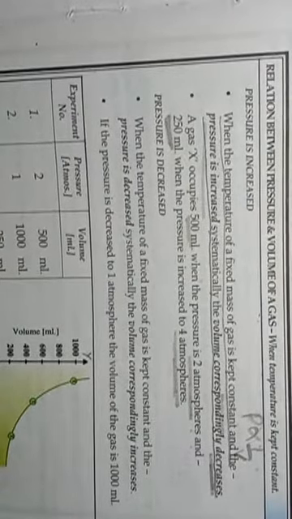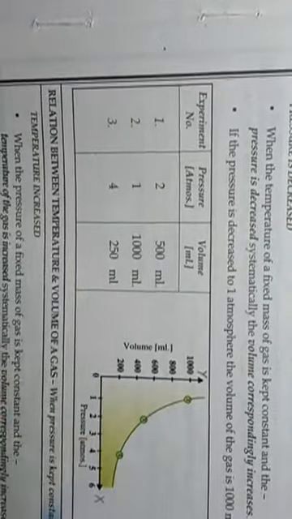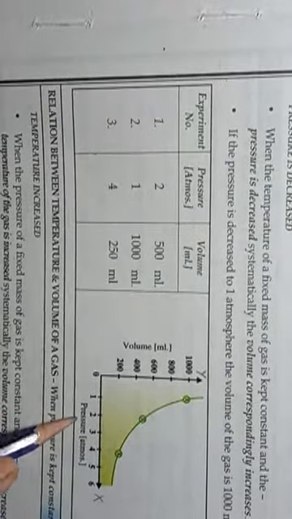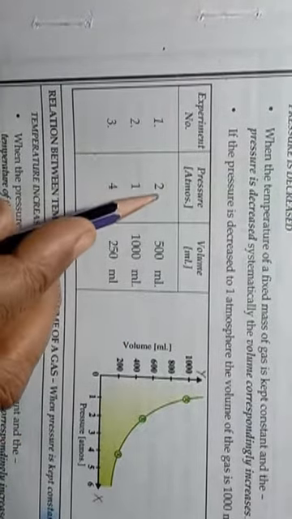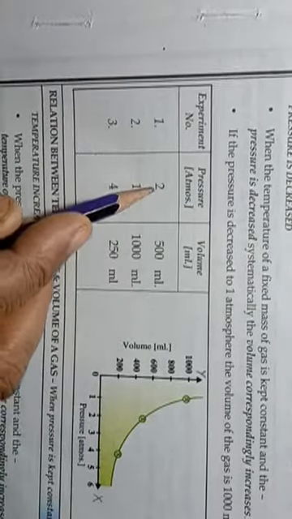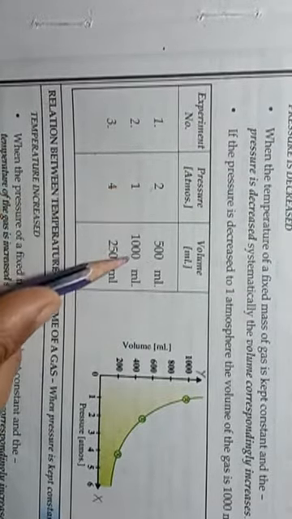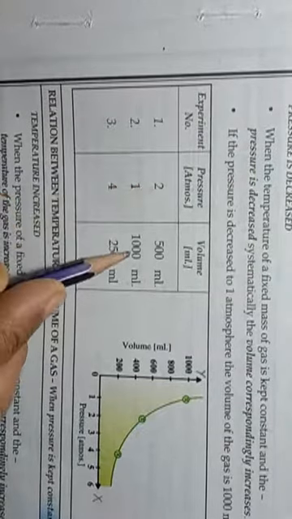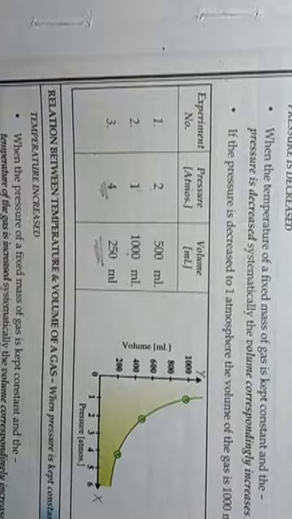As you can see with the help of this graph, this is the graph drawn between the pressure and volume of a particular gas at different pressure and volume. When the pressure is 2 atmosphere, volume is 500 milliliter; pressure is 1 atmosphere, volume is 1000 milliliter. Means with decrease in pressure, volume increased, and when pressure is increased further, volume again decreased.